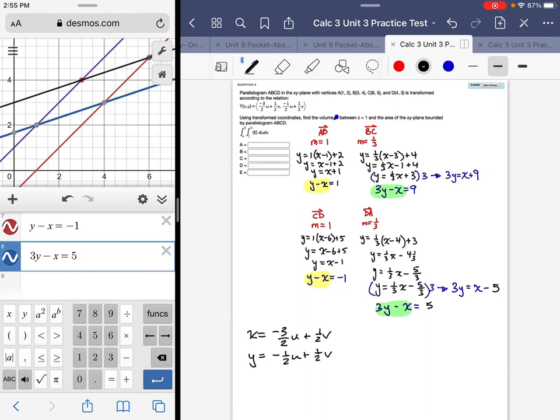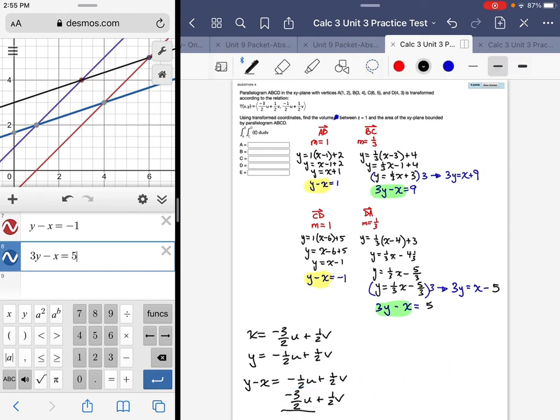All right, so we have two relations. One involves y minus x and the other involves 3y minus x. So let's see what that looks like in terms of u's and v's. We'll do y minus x. I'll just duplicate this. Here's my y.